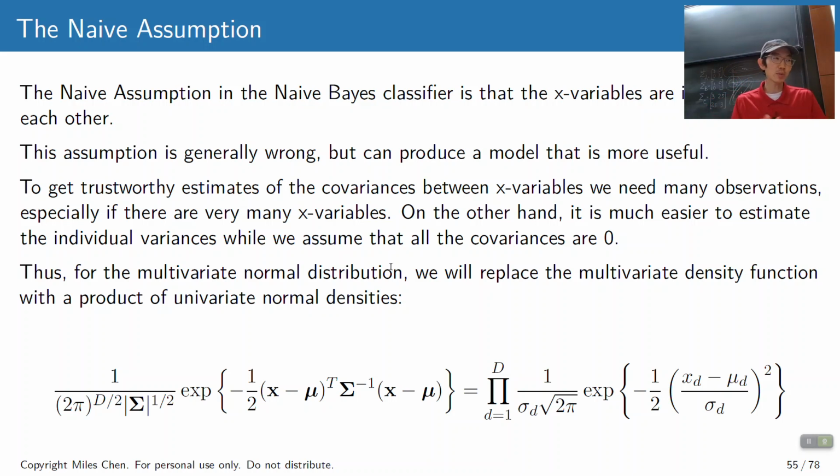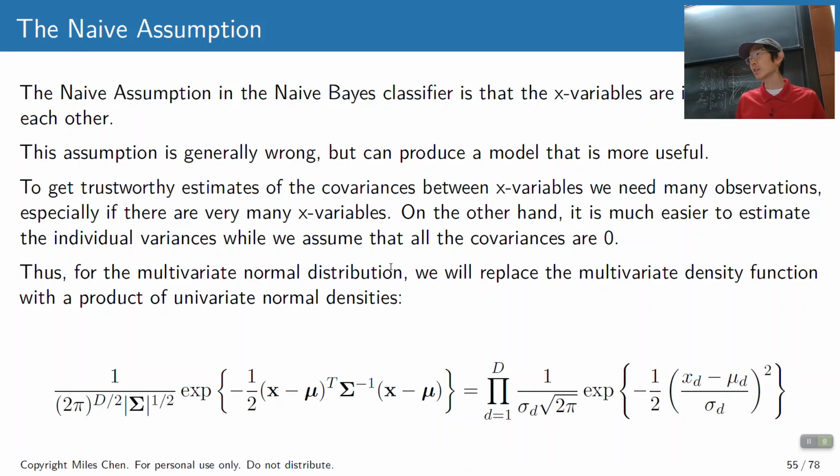And the reason why we might prefer the naive Bayes classifier is, we don't want to estimate the covariances between our x variables, okay? In order to estimate covariances between x variables, you need a lot of observations.